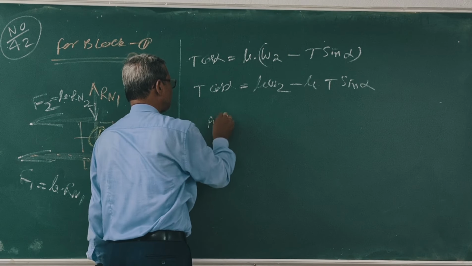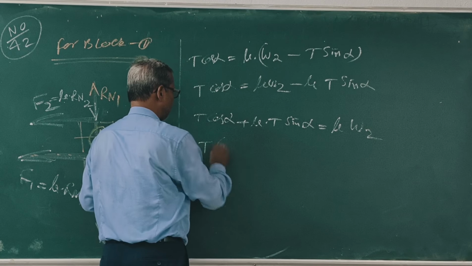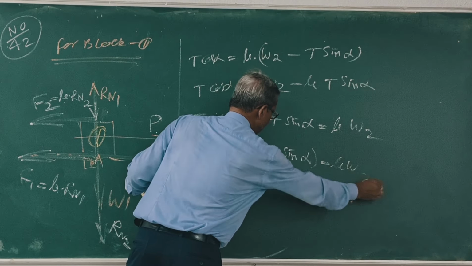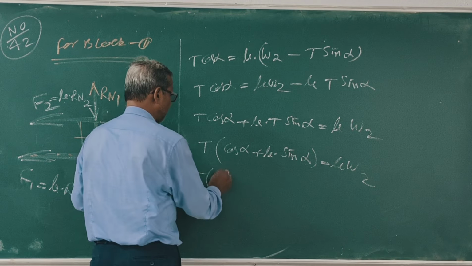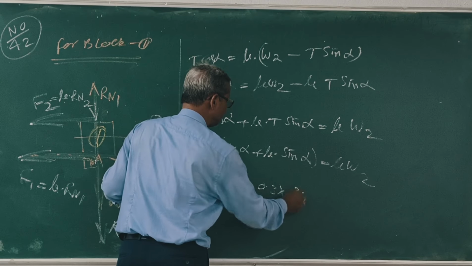You put these values and find the value of T. Bring to this side: T cos alpha plus mu T sin alpha is equal to mu W2. So take T common: T into cos alpha plus mu sin alpha is equal to mu W2. So T into 4 by 5 plus 0.3 into 3 by 5 is equal to 0.3 into 50.